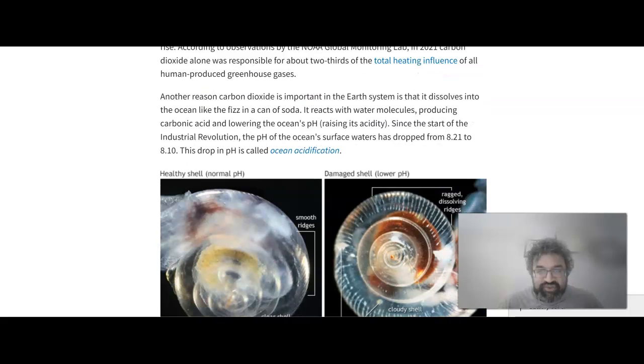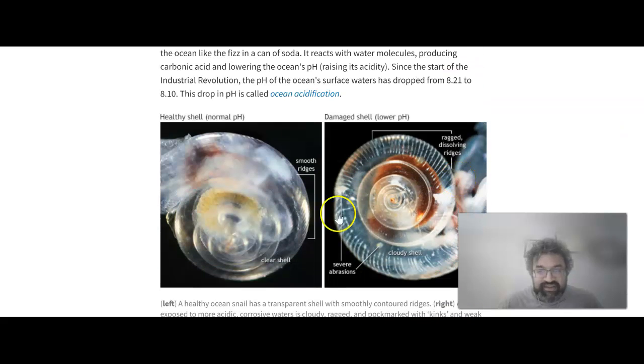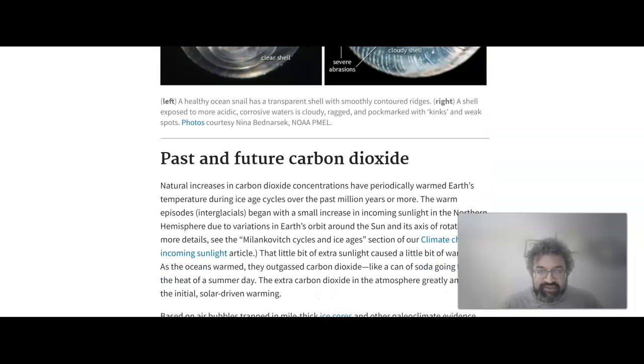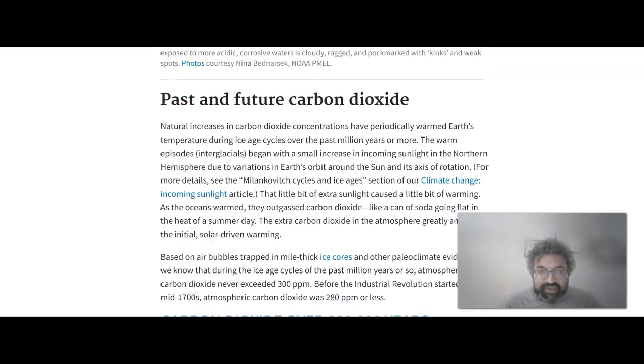So here's the ocean acidification effect. There's a clear shell, but now the shell is cloudy. And there are so many different consequences of that. One of the interesting things that takes place: the warm episodes, interglacials, began with a small increase in incoming sunlight in the northern hemisphere.